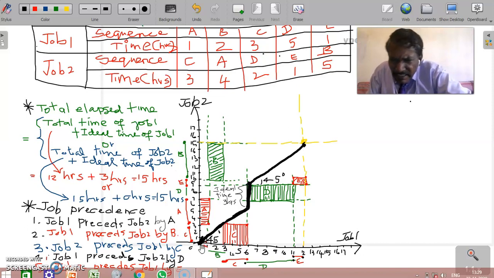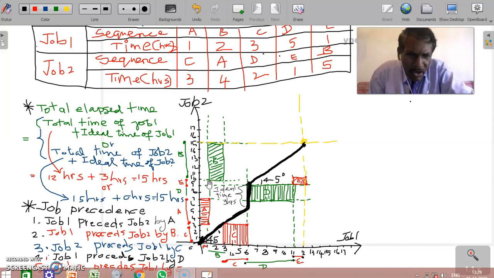Therefore, job precedence for the first machine, machine A, is job 1. Similarly, look at machine B. B starts at the first hour on job 1, but B starts at the 10th hour on job 2. Therefore, job 1 precedes job 2 on the second machine.